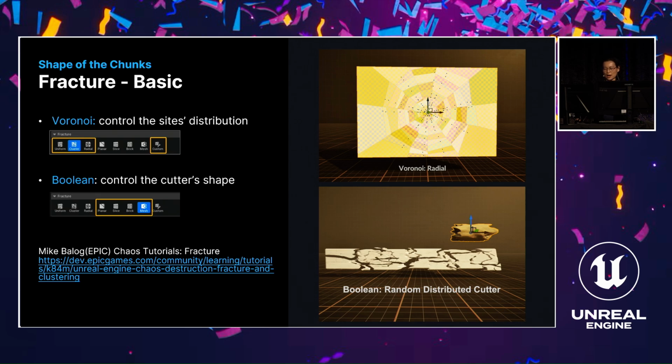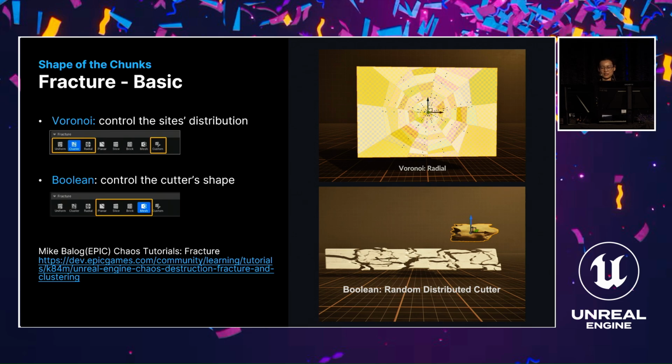As for Boolean fracture, it uses another model to perform a Boolean operation with the original one. And in comparison, the result is more predictable as it gives artists precise control of the fractured contour, and our focus then shifts to controlling the shape of the cutter.